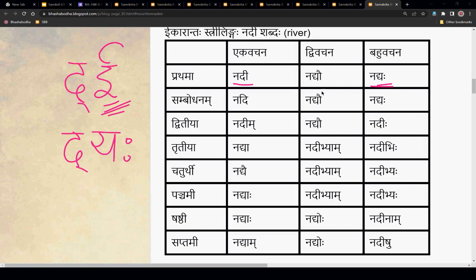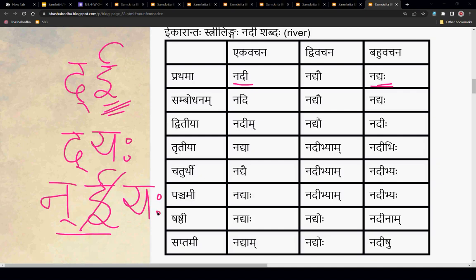Same thing with Lekhani also, we are doing the same thing. Lekhani, Lekhanyaha.